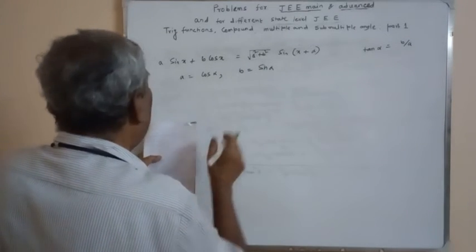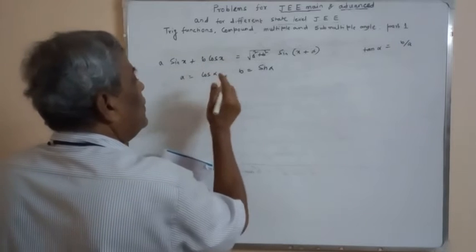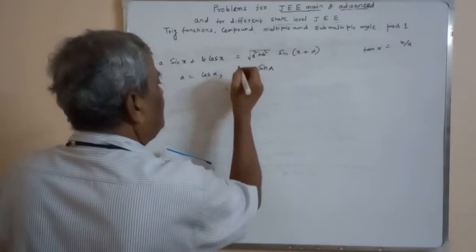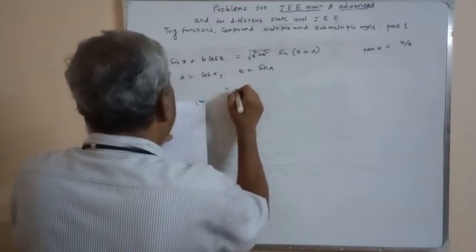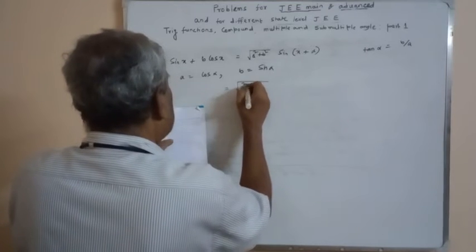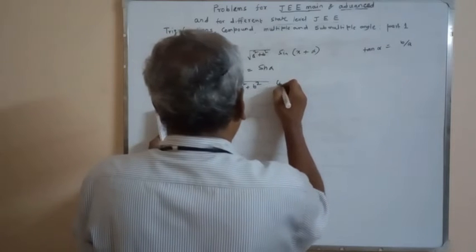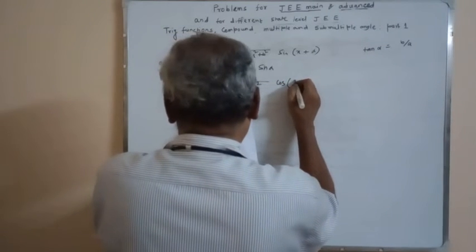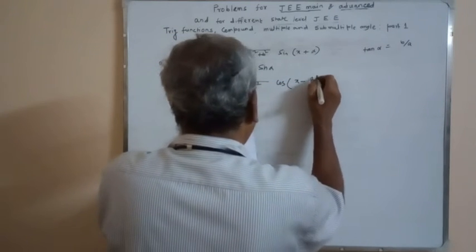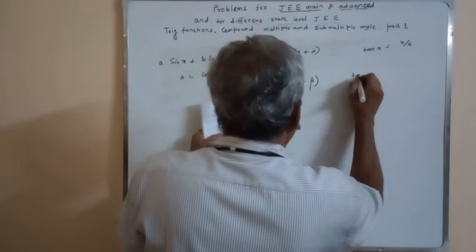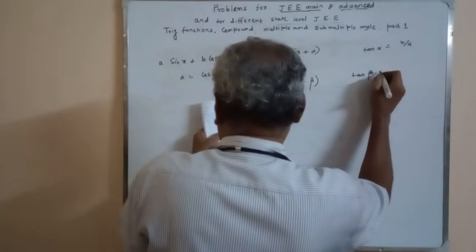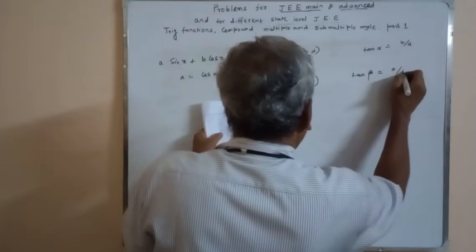Once again, this can also be written as root over a square plus b square cos of x minus beta, where tan beta is given by a by b.